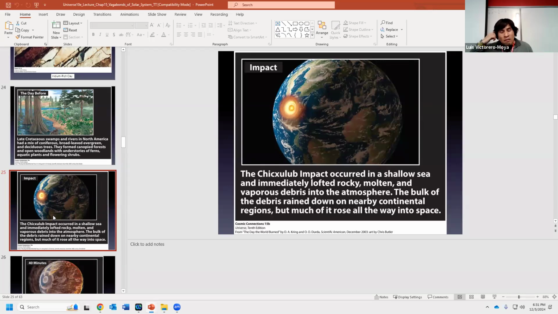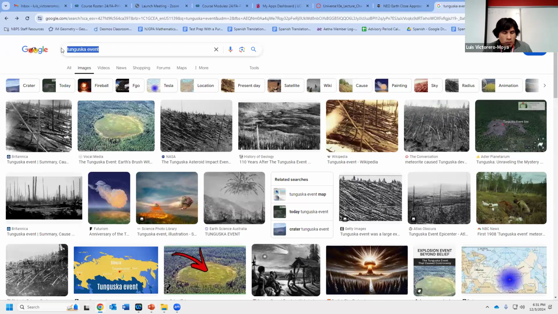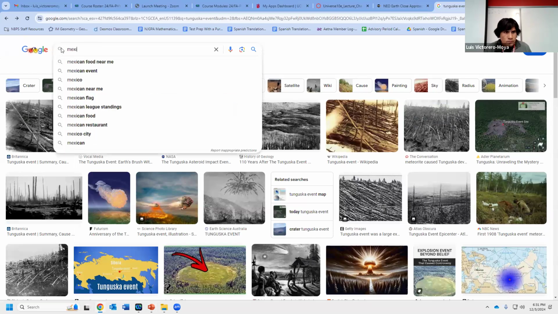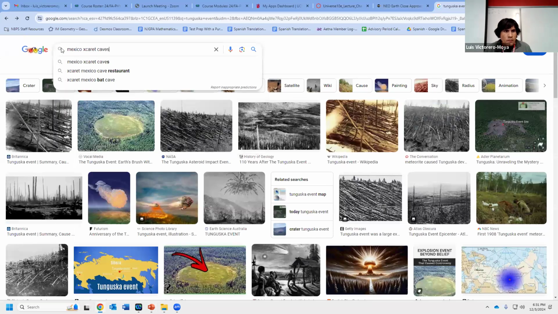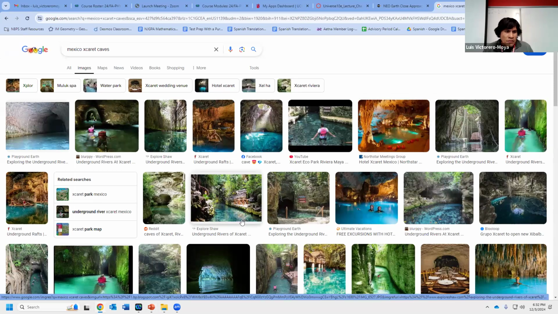If you ever go to Mexico, guys, you are probably going to go to these caves. These caves that look like this. Those are underground caves or underground rivers, right?